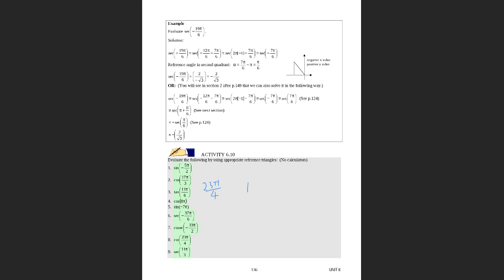So I can say 16 pi over 4 plus 7 pi over 4.